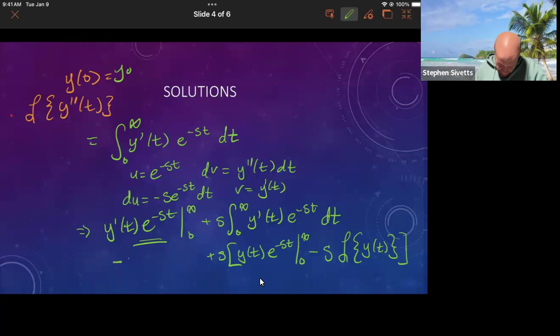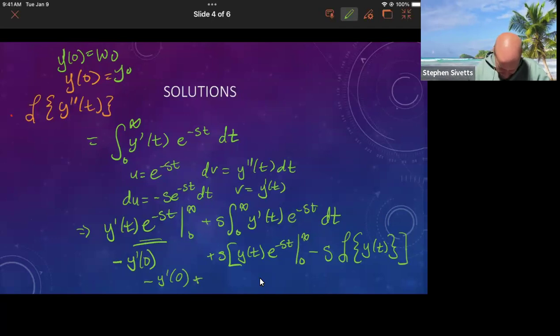So it'll be zero minus, if we know a second initial condition, let's say y prime at zero is w zero, right? So it'll be minus y prime of zero.